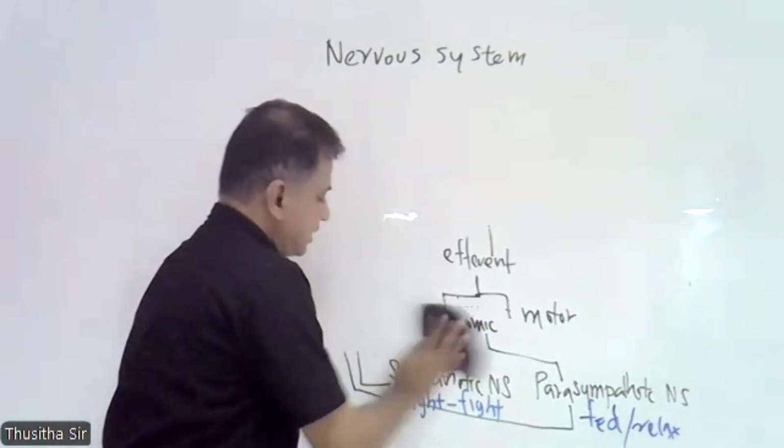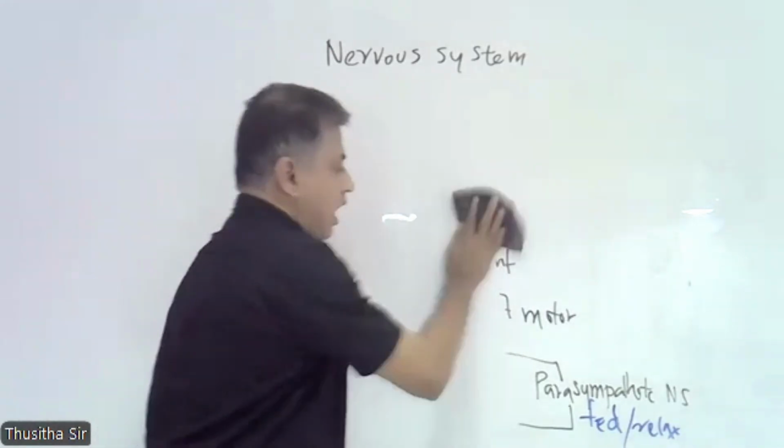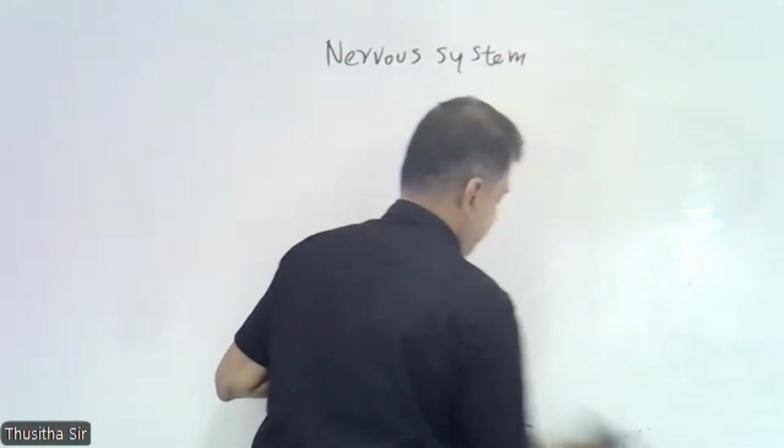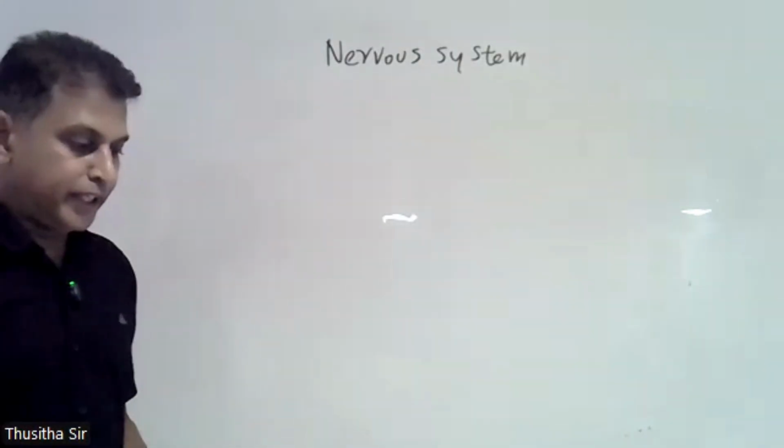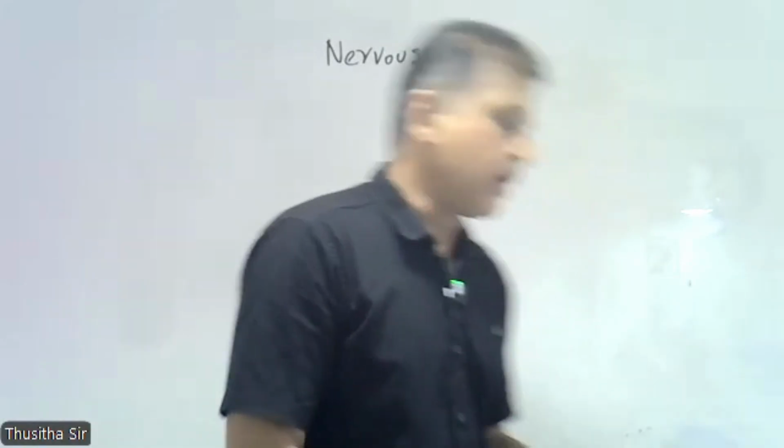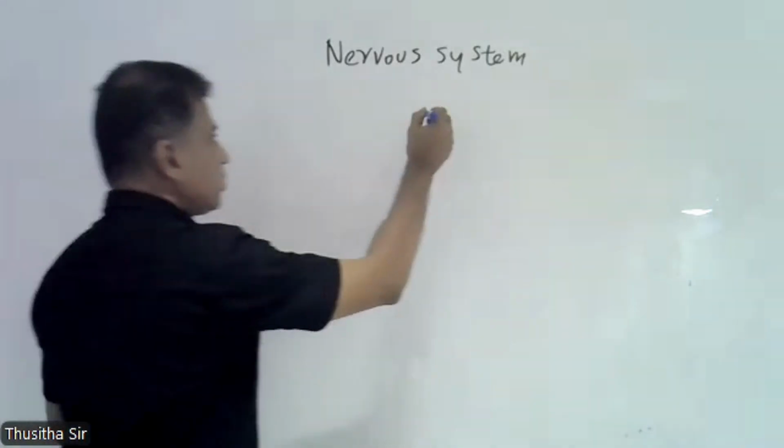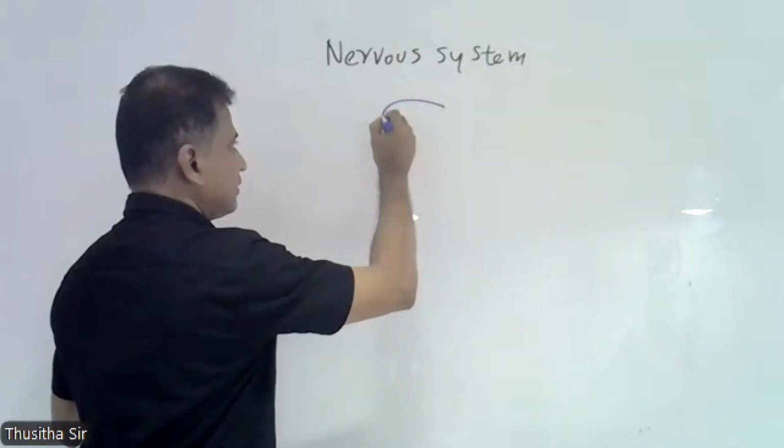Okay, now let's see how this nervous system connects to the brain and the heart. Okay, so this is the brain.